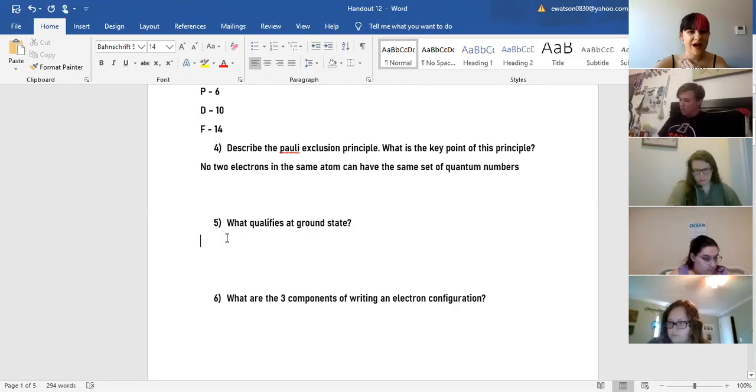So what qualifies as ground state? Is it just with no charge? Yeah, it just means no charge. It's neutral.